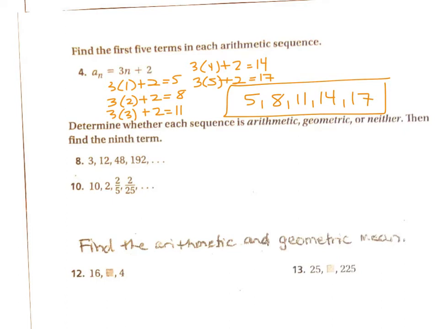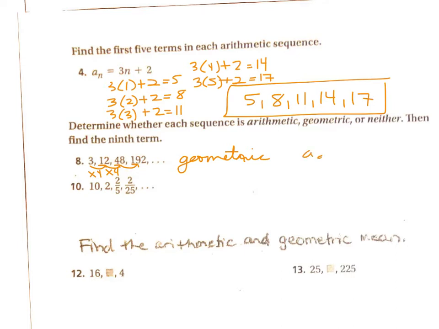Number 8 and number 10 here, you are looking for arithmetic, geometric, or neither. And if you look at what is happening here, to get to your next term on all of these, it would be times 4. Okay, so that's geometric when you're multiplying. That does not look like an R, sorry. And then it asks you for the 9th term. So this is going to look just like those ones we just did.